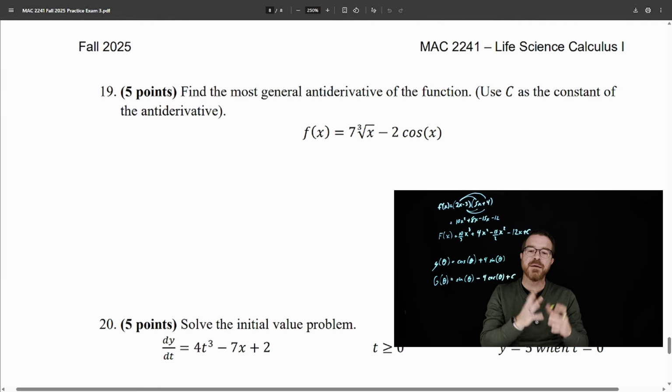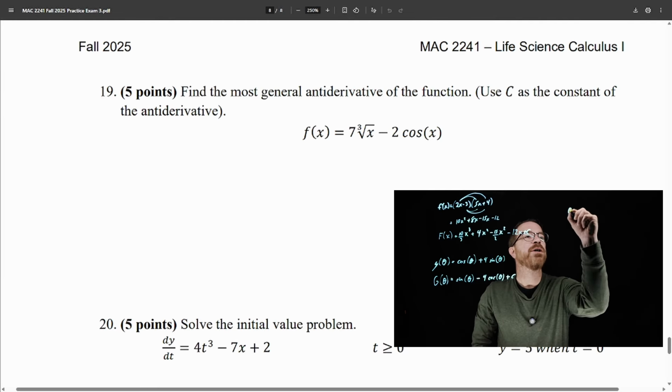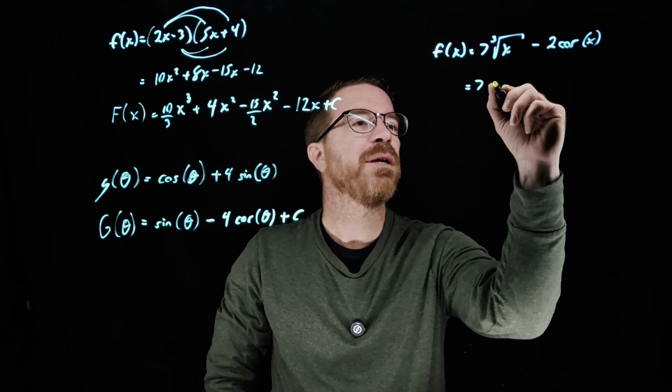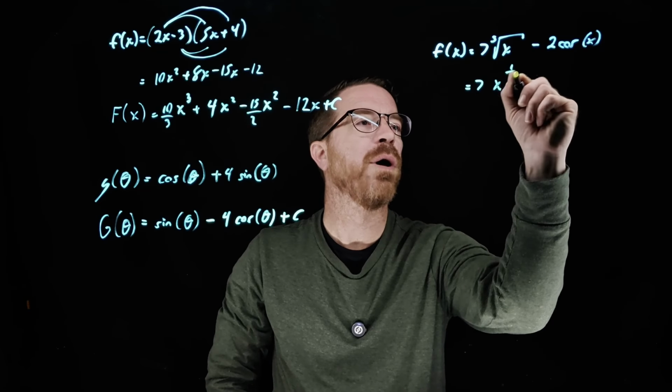For problem 19, again, we're doing the same thing. We have the function f of x equals 7 times the cube root of x minus 2 cosine of x. So first thing I'm going to do is rewrite this into a form that we can solve easier. So this is going to be equal to 7x to the 1/3 power minus 2 cosine of x.